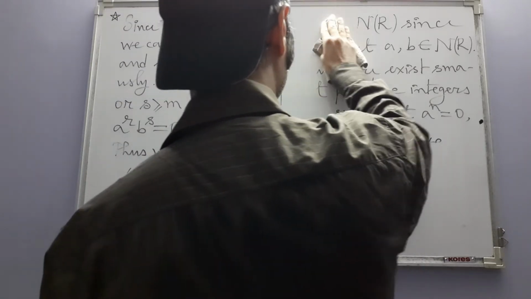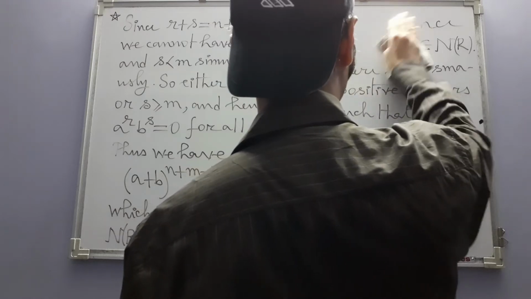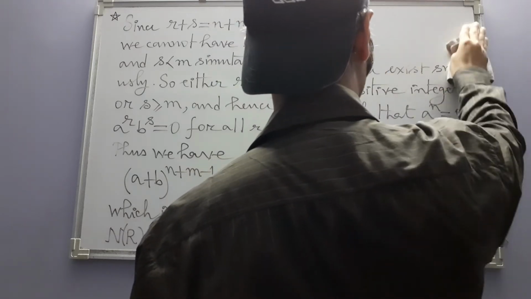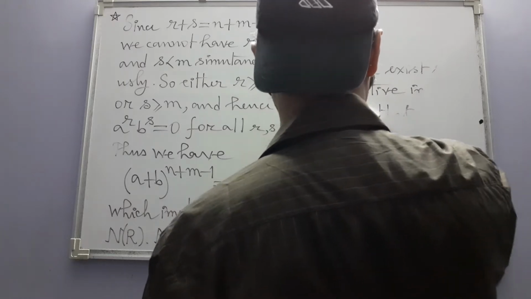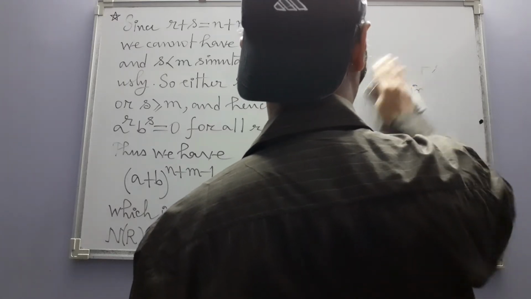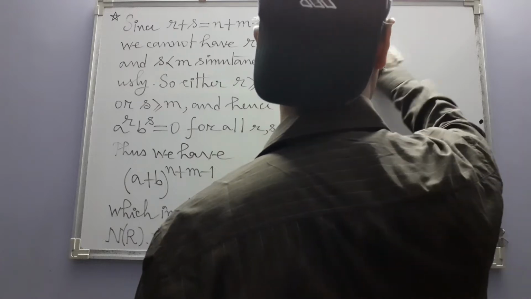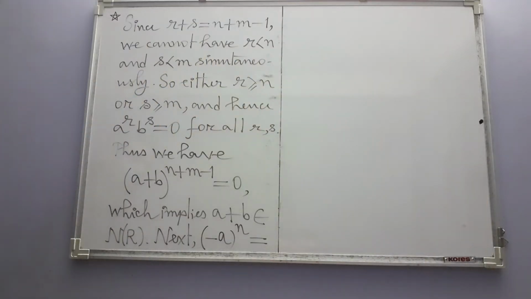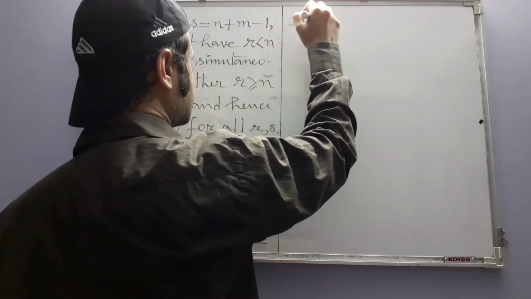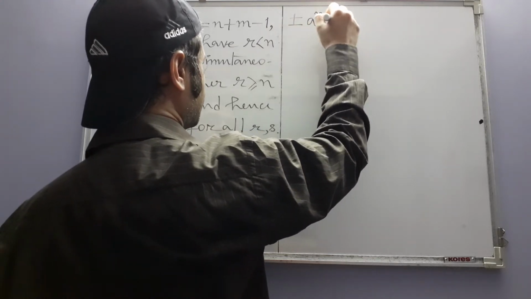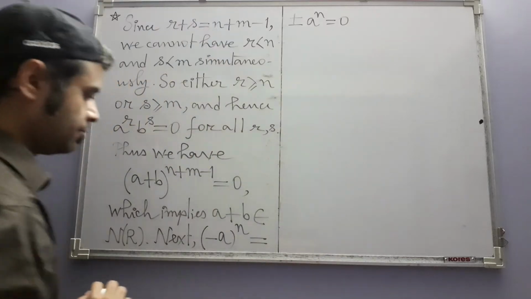If n is even, then it is simply a to the power n, and if n is odd, then this is minus a to the power n. So this becomes plus or minus a to the power n, which of course is 0.